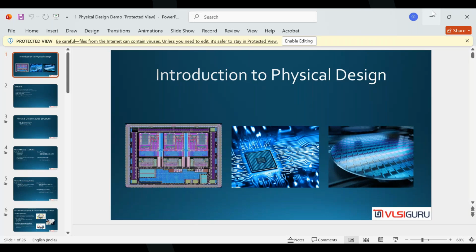Okay, thank you. I think screen and audio both are fine. So I got the response. So we'll start the demo session on physical design.